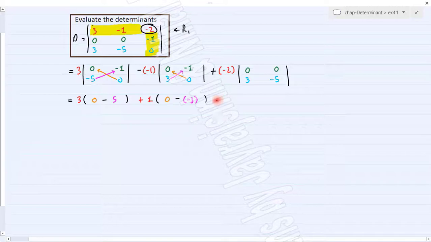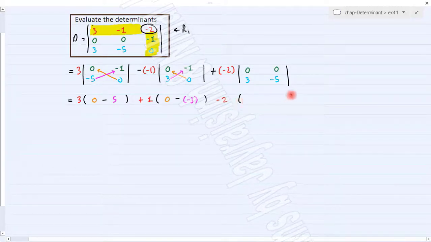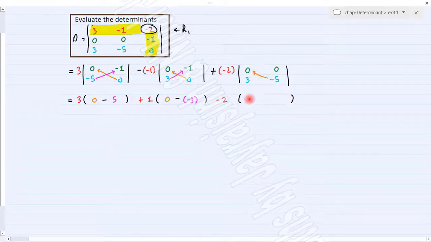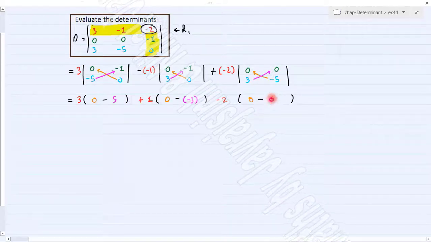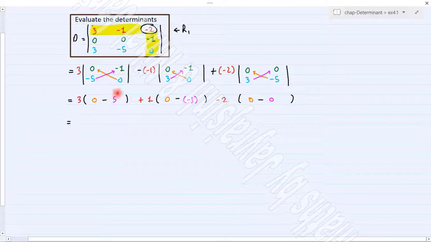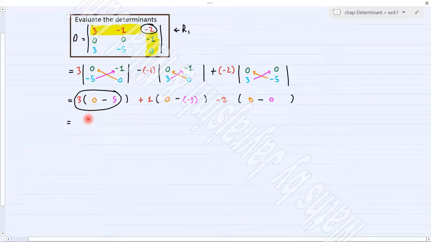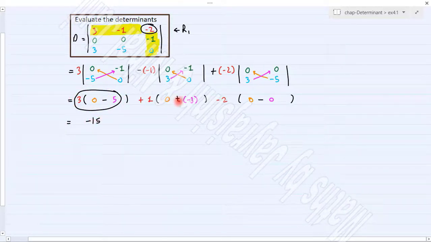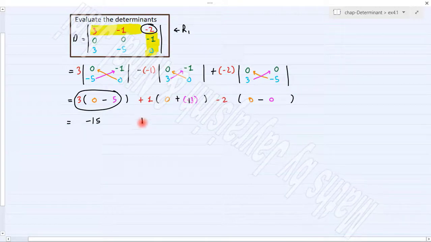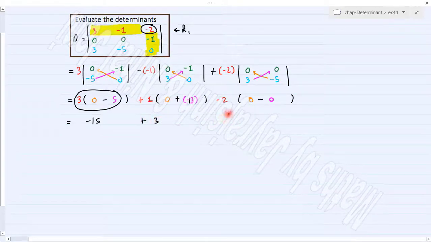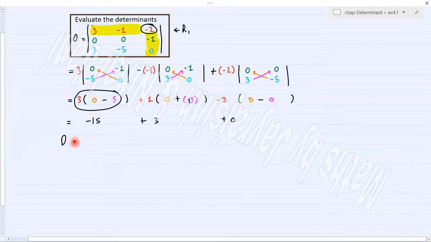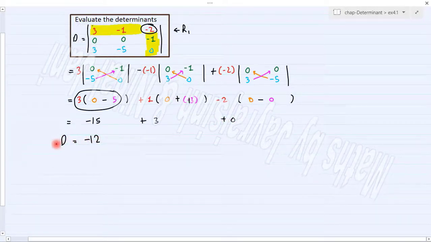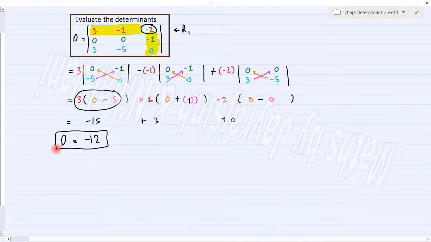And in the last term, we will get minus 2 into minus 5 into 0 will be 0, minus 3 into 0 will be 0 again. So here 3 into 5 is 15, 3 minus 5s are minus 15, minus minus become plus, so we'll get plus 3, and minus 2 into 0 will be 0. So your determinant will be minus 12. Ta-da!